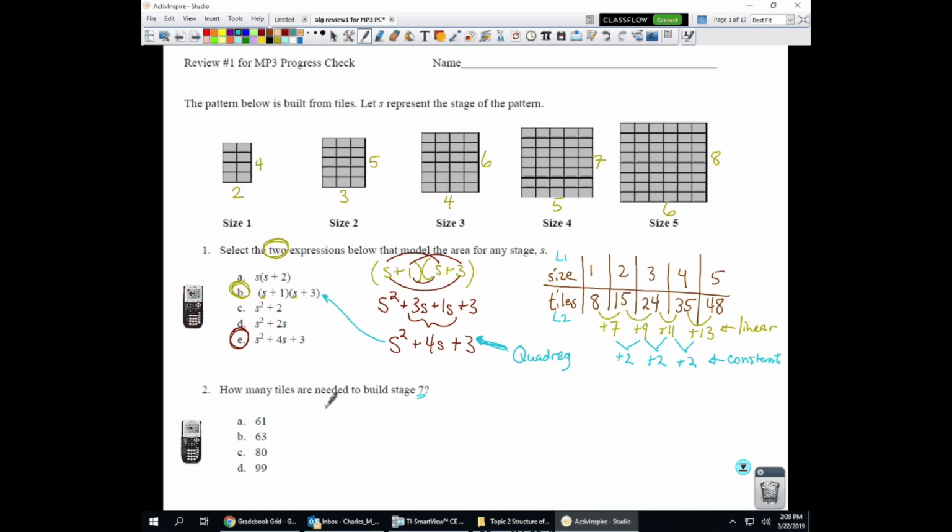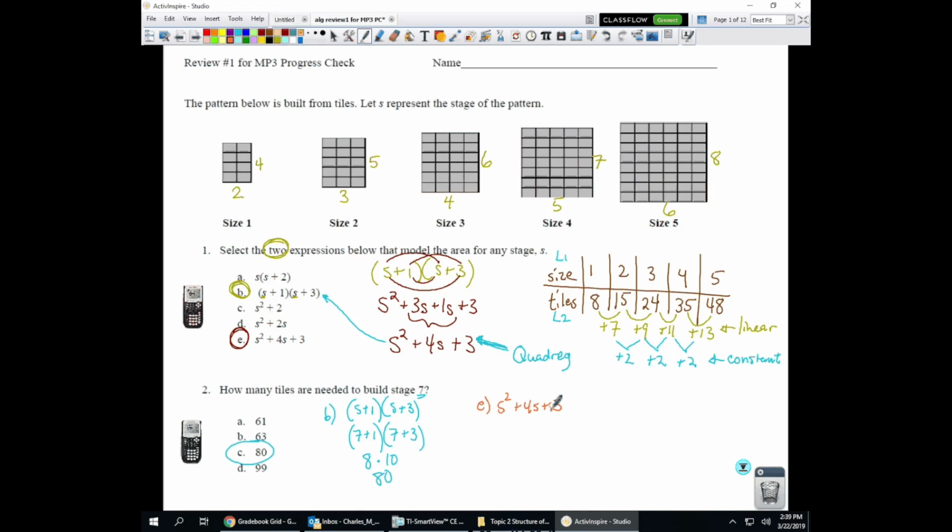So let's take that formula at b, that s plus 1 times s plus 3. If I want size 7, and s is 7, I'm 7 plus 1 times 7 plus 3. That becomes 8 times 10, or 80. If you had more confidence in the standard form, we're looking at e there, s squared plus 4s plus 3.